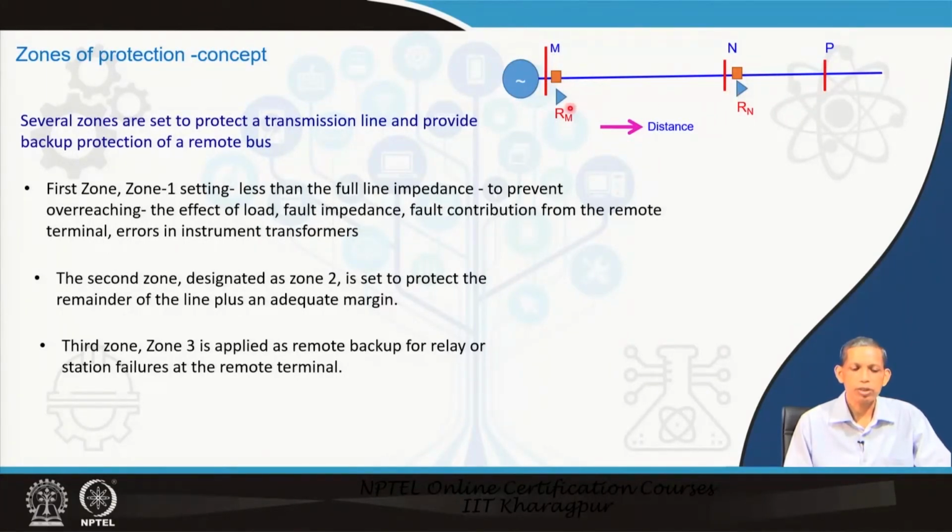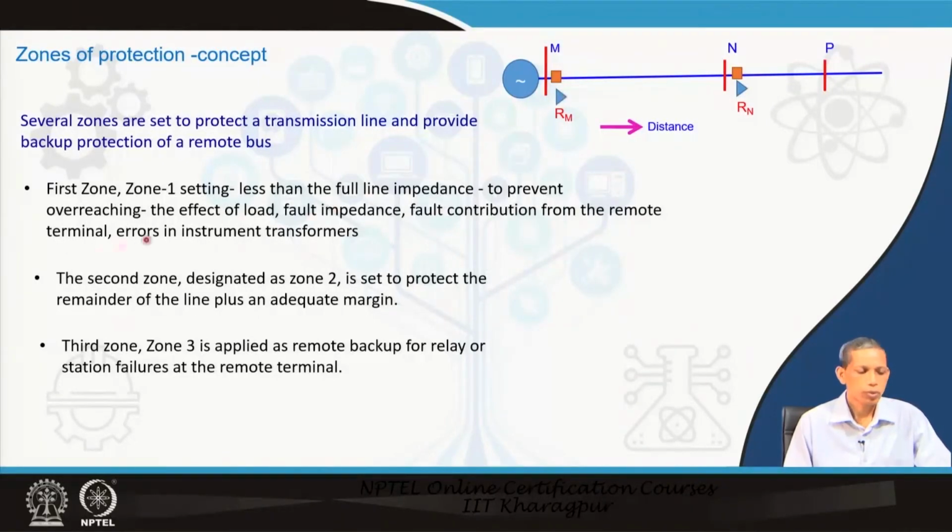So, what is being done is that we leave some of this section because of the uncertainty of the instrumentation and so on. That is the reason the zone 1 setting is less than the full line positive-sequence impedance. Now, if something is left out, then the protection has to cover that.